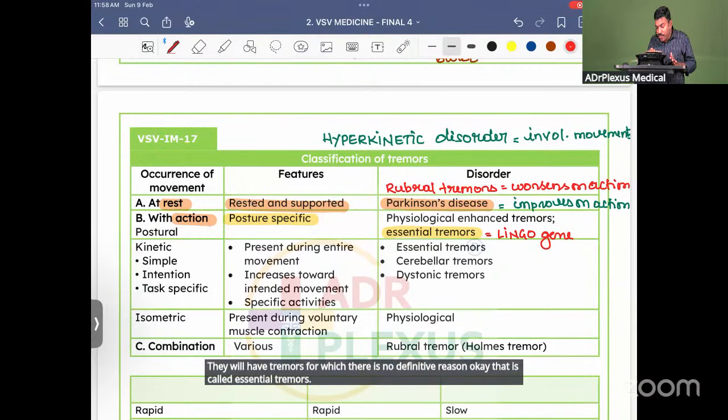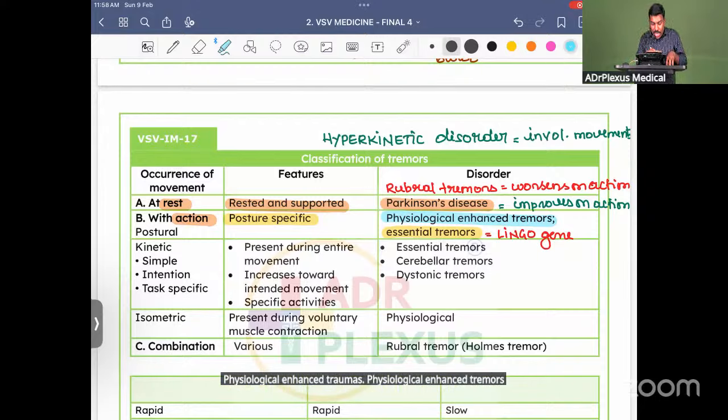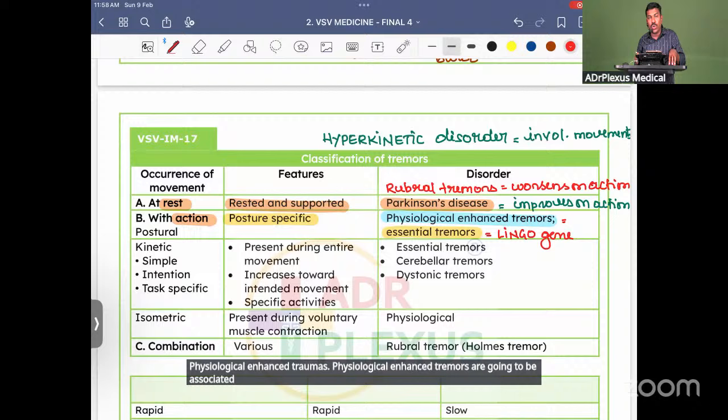Whereas physiological enhanced tremors are associated with a pathology of a normal physiological condition or normal physiological phenomenon.